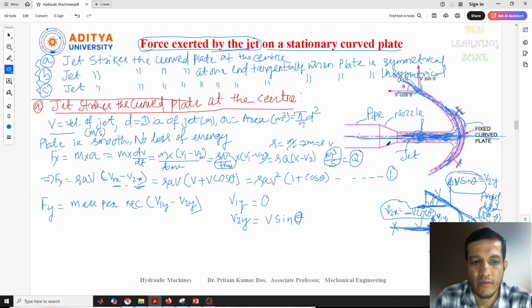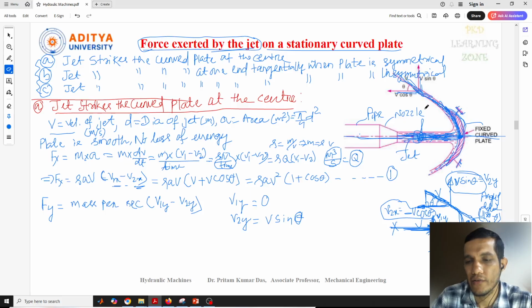As we got previously, v1x is nothing but v, and v2x is the final velocity. After striking, if it had stopped here or moved vertically upward, then it would be different, and the final velocity could be considered as 0. But here the velocity came out from this plate with an inclination.